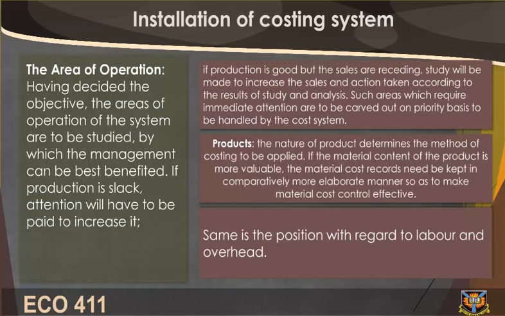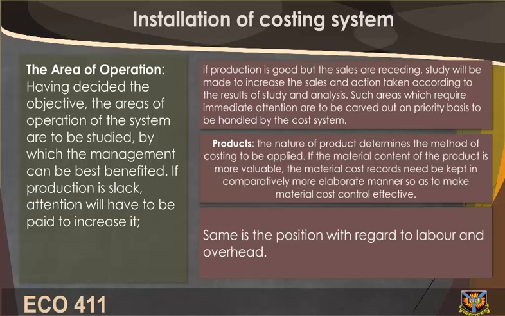The area of operation. Having decided the objective, the areas of operation of the system are to be studied by which the management can be best benefited. If production is slack, attention will be paid to increase it.